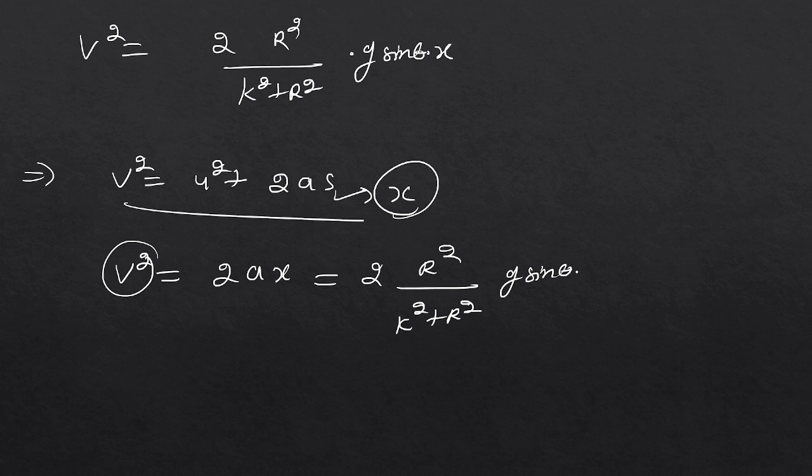The x's cancel, the 2's cancel, so we get acceleration equal to r square over k square plus r square, times g sine theta. Now understand the beauty of this acceleration, guys. This is r square over r square plus k square times g sine theta.